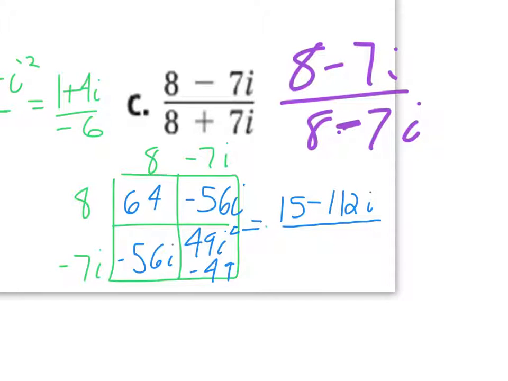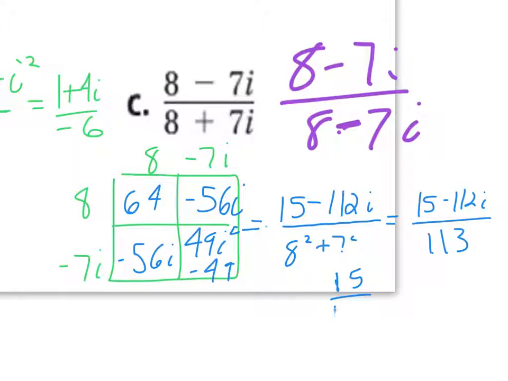In this case, that would be 8 squared plus 7 squared, so 64 and 49. Let's see, 64 and 49 would be 113. Surprisingly enough, that does not reduce. So 15 over 113 minus 112 over 113i.